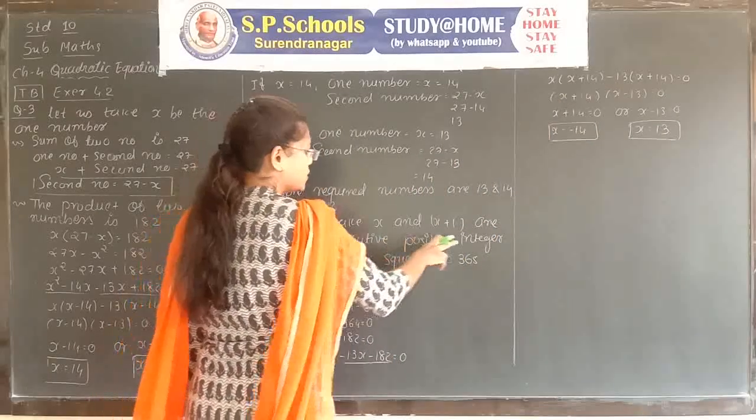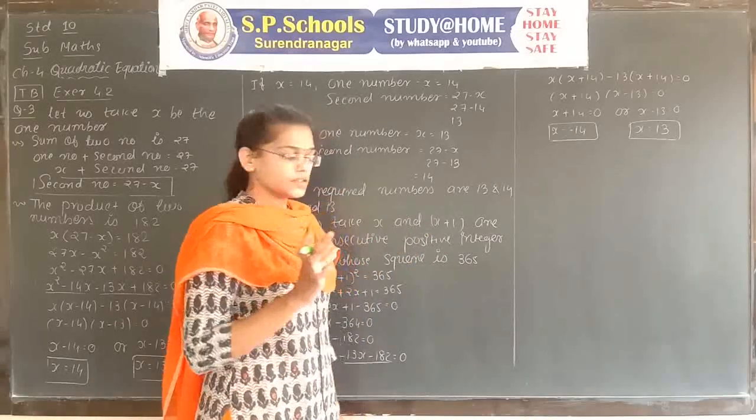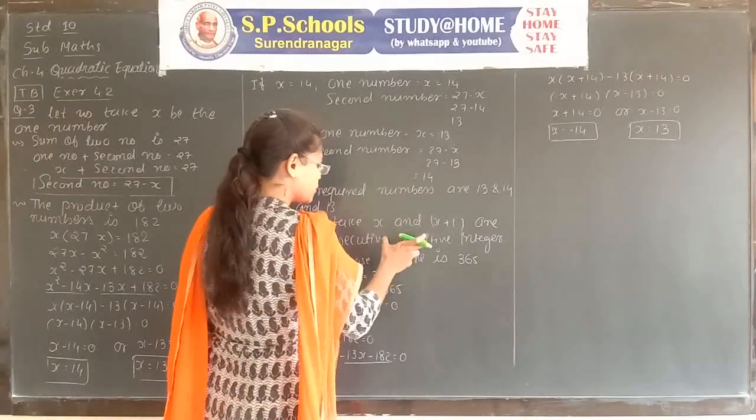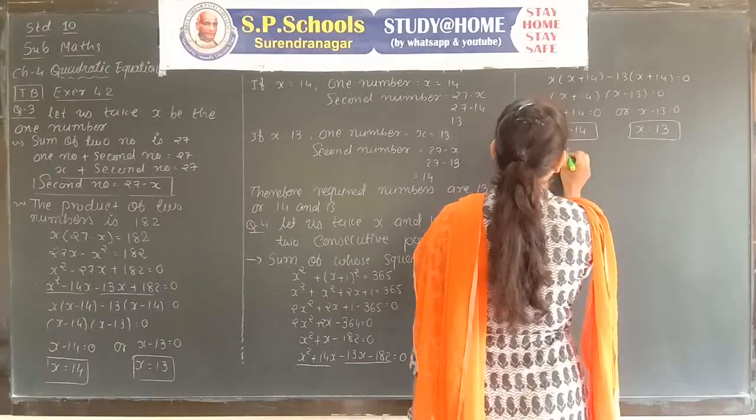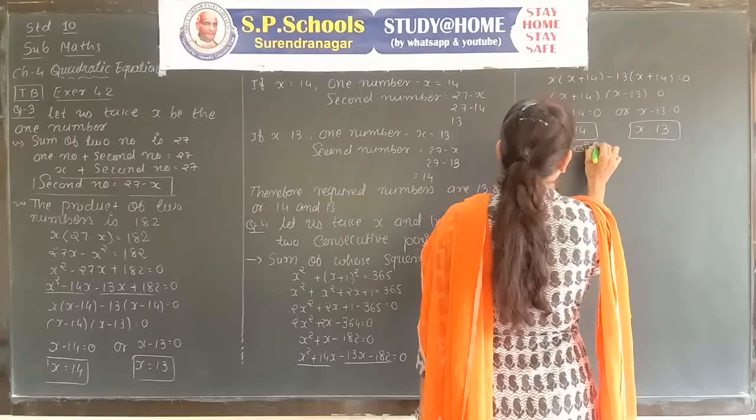Consecutive positive integers, the word given in the question is positive integers. Minus 14 is a negative integer. That's why it is not possible.